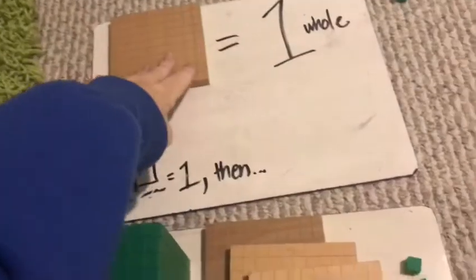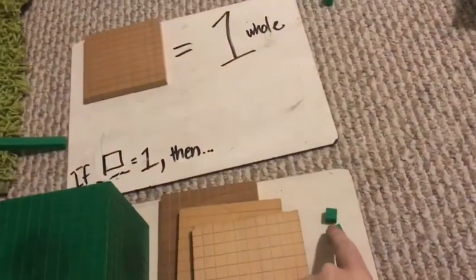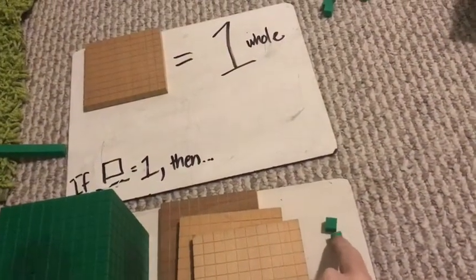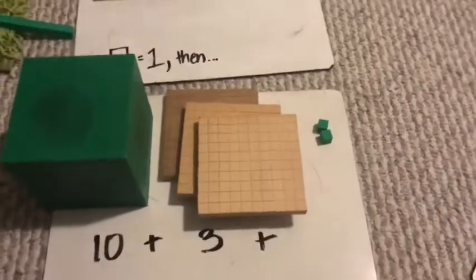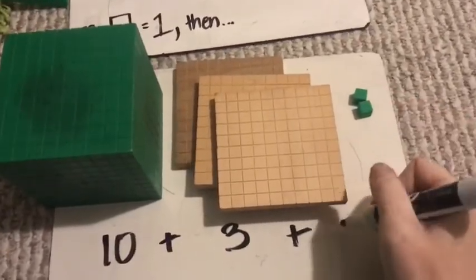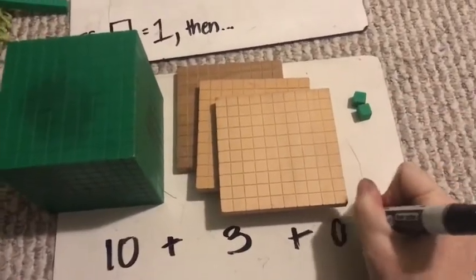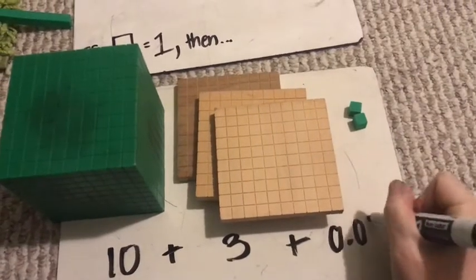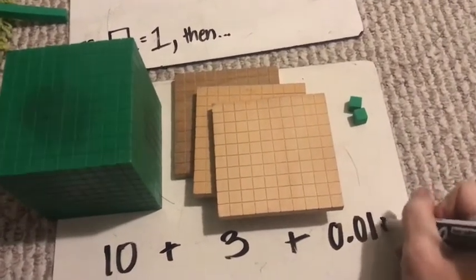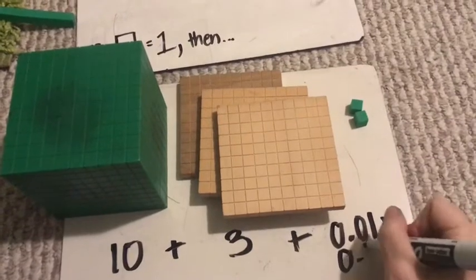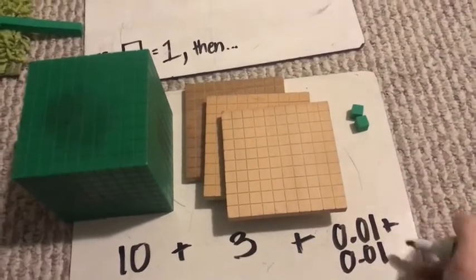If this is 1, each of these pieces is 1 out of 100 or 100th, right? And I have 2 of them. So plus 100th, I've got to put the 1 in the 100th place, right? Plus another 100th. Oh, that's 200ths.